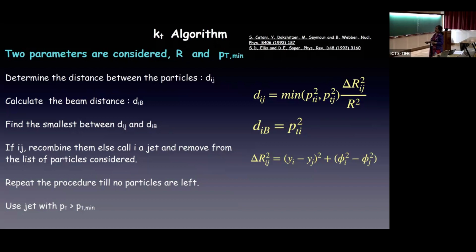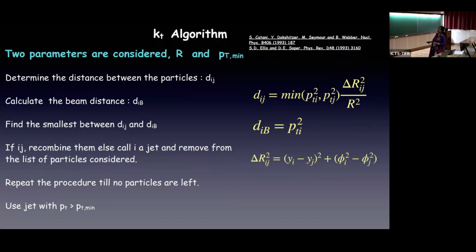Then you also calculate the distance of all the particles with respect to the beam axis, which you define like this. Now find the smallest between the calculated dij and the diB. If you find the smallest one to be diB, then treat that ith particle as a single jet and remove it from the calculation.